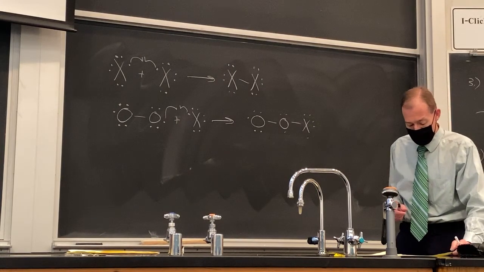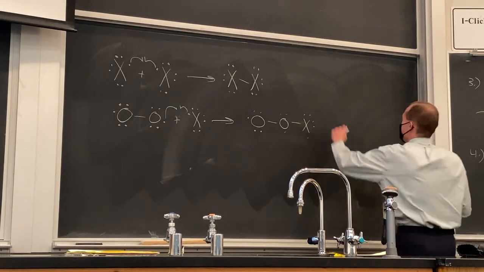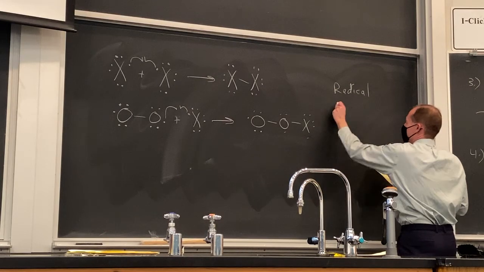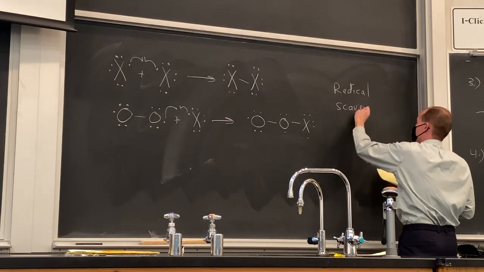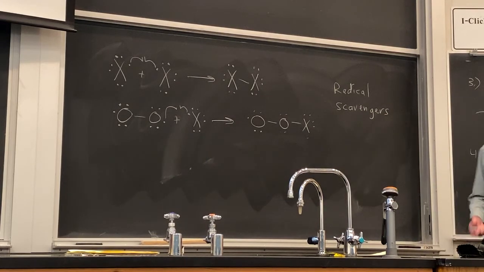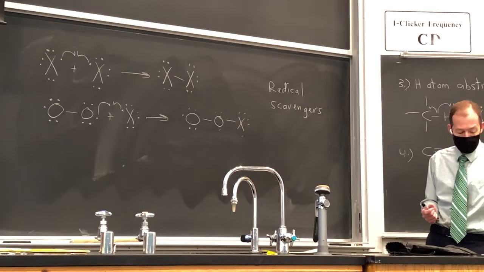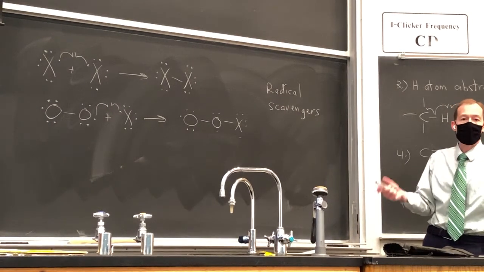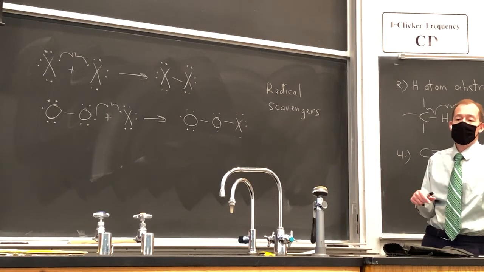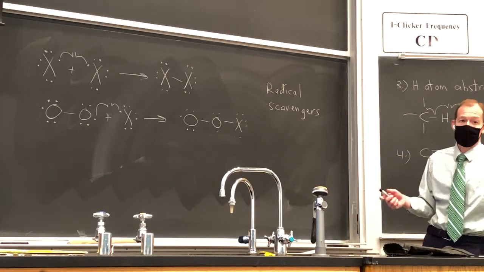And then we have compounds known as radical scavengers. This is something we'll talk about in more detail towards the end of the chapter in our final lecture on chapter 15. But a radical scavenger is a compound that will react with a radical intermediate to form a more stabilized and less reactive radical. Okay?